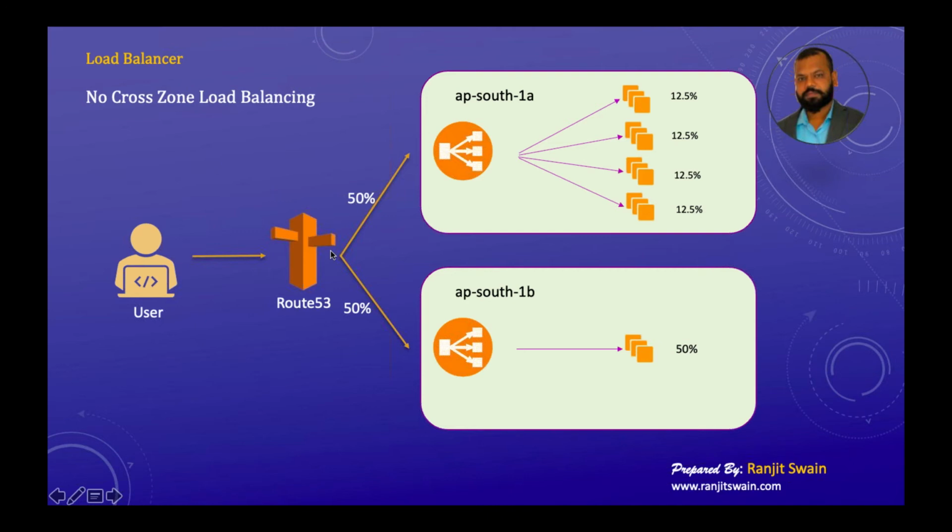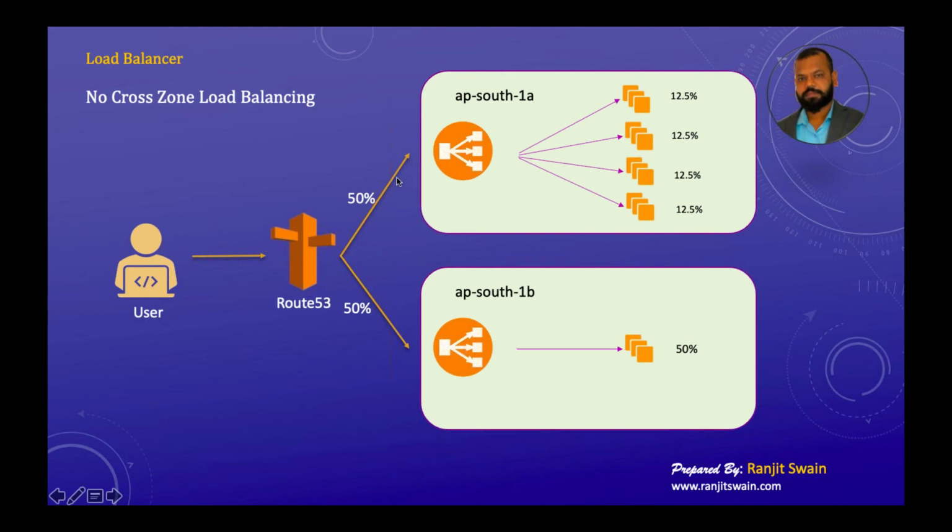If you look at the diagram, you'll understand clearly. In case of no cross zone load balancing, you can see one load balancer is available in AP South 1A, which is one of the Mumbai region's availability zones, 1A and 1B.